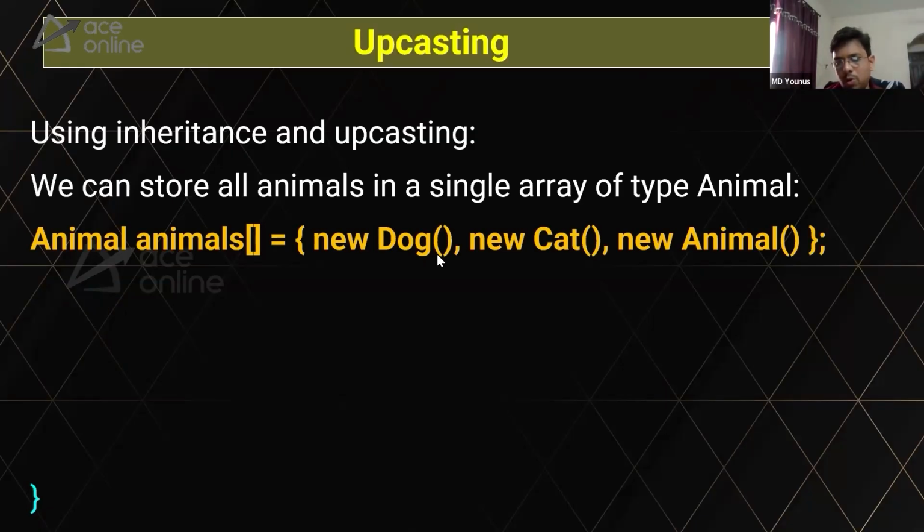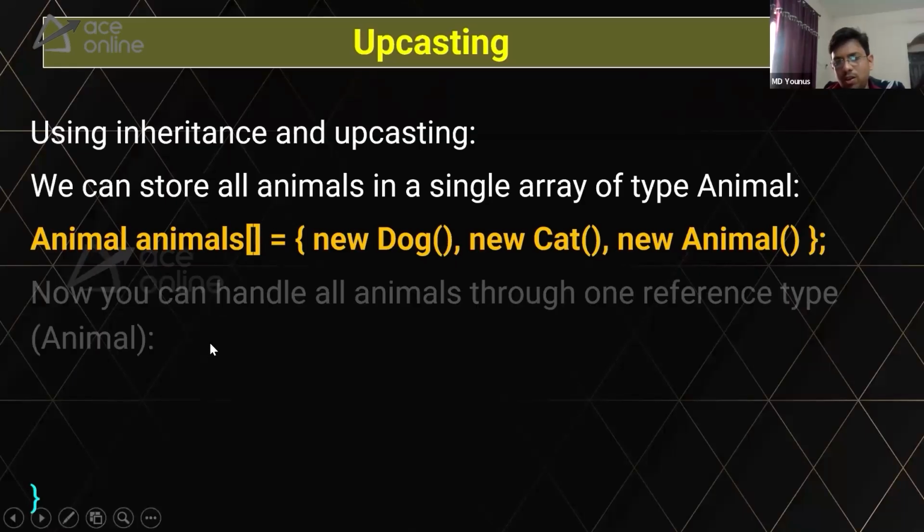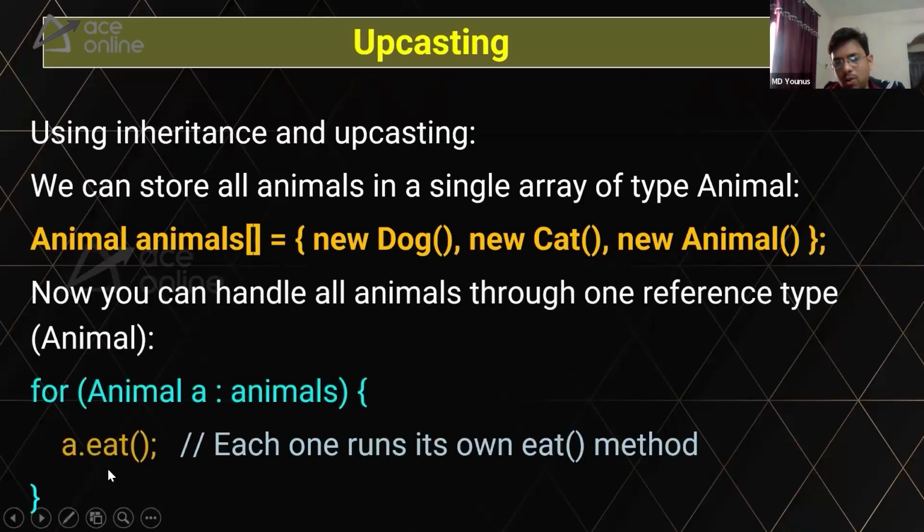Now I can store new Dog, new Cat, new Lion, new Animal, all of this in the array. And now I can call with a for loop. I can call all of them. Even if there are 50 objects, 1,000 objects, 10,000 objects, this code will work with only one reference. You agree with this?